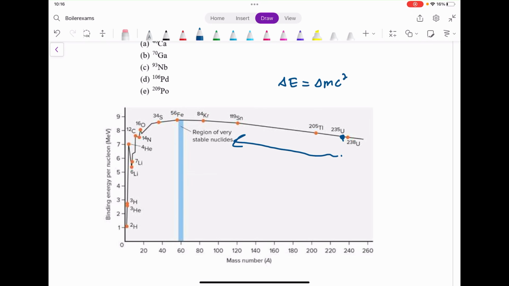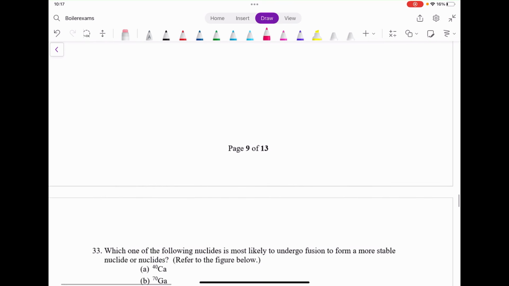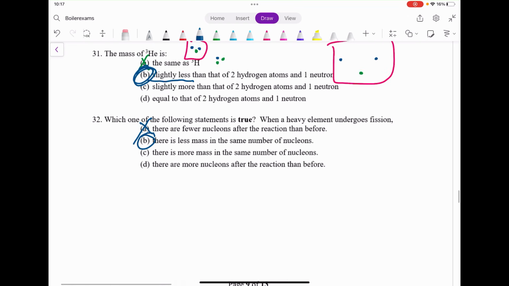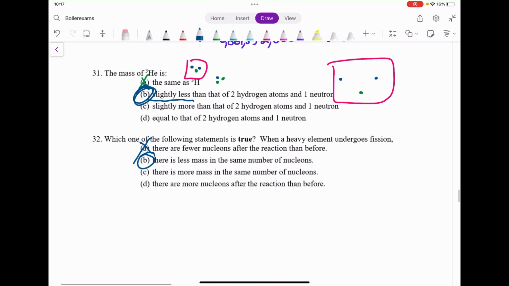Picture an atomic bomb or a nuclear reactor that releases a ton of energy, and that huge energy release lowers the energy of your system. By this relationship, you have to lower your mass. So fission lowers the mass. They don't ask about it here, but it's the exact same deal for fusion. So 32, there is less mass and the same number of nucleons.